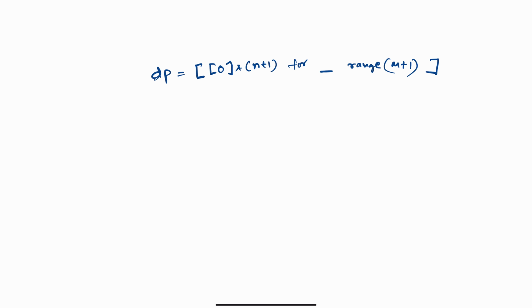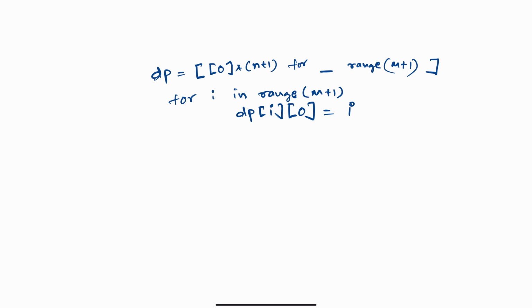Now, for that, what I can do is iterate in a for loop, for all i in the range of m plus 1. I will initialize dp of i with column 0 with what value? i value.